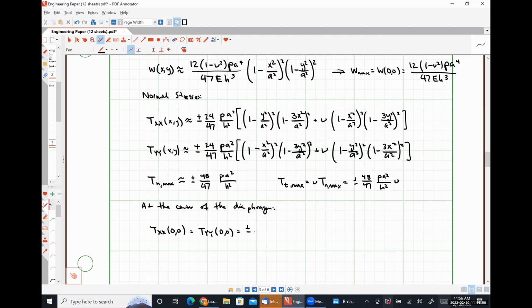We'll have a value of plus or minus 24 over 47, actually, P a squared over h squared times (1 plus nu), just so that it's in the same form as everything else I've done. So, Stephen, sorry for making you get out your whiteout dealio.